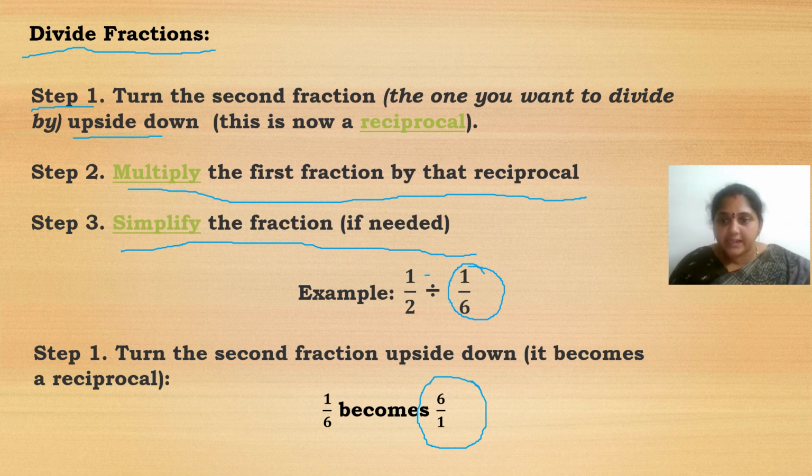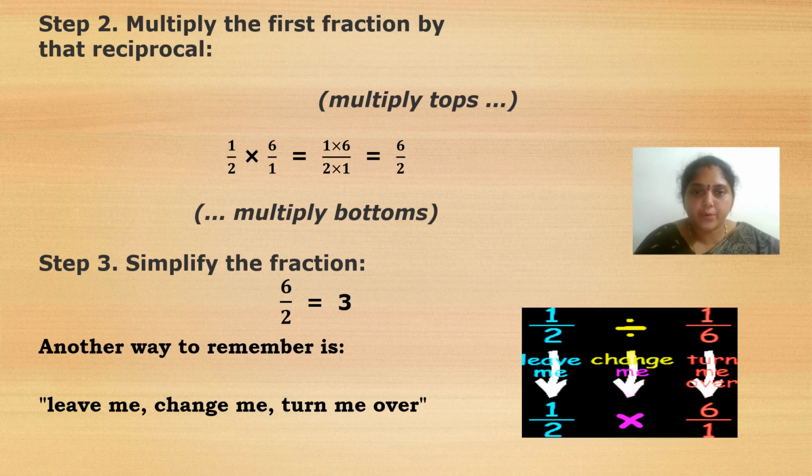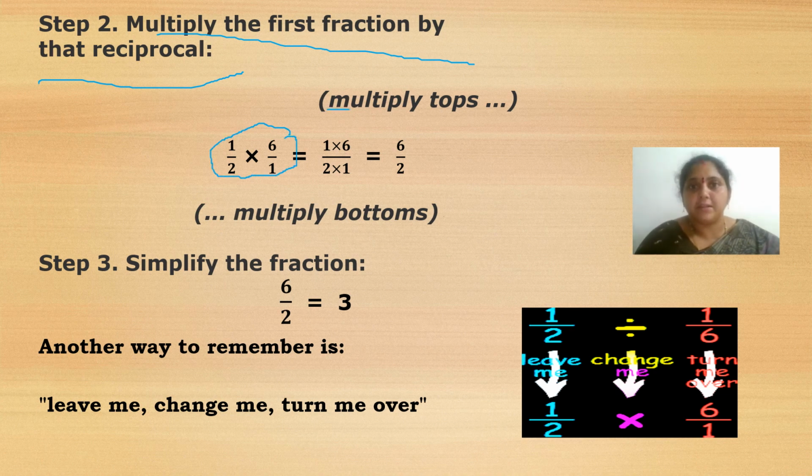Now, when you are interchanging like that, what do we have to do? After interchanging the digits in the fraction, second step, multiply the first fraction by the reciprocal. We have to take the fraction and the reciprocal of the fraction, then multiply the tops and multiply the bottoms.